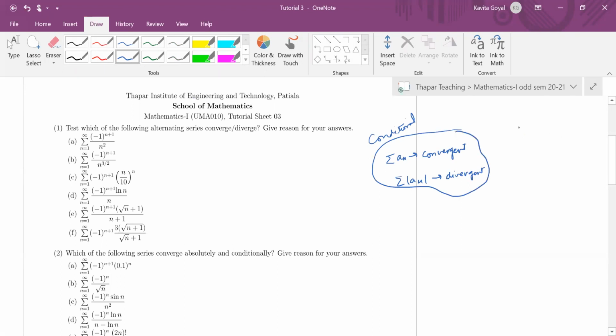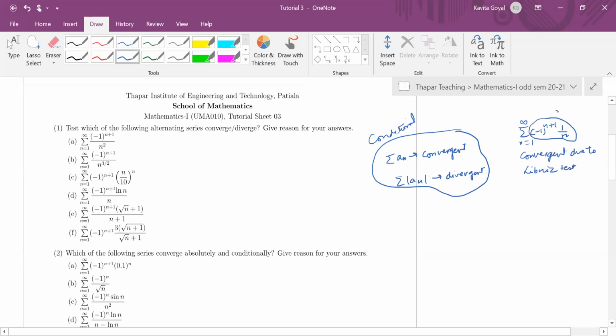For example, if you look at this series, -1 raised to power n plus 1, 1 by n, this particular series is convergent due to which test? Leibniz test. But if you take modulus, this is your an. Mod of an, so the minus sign will go away.